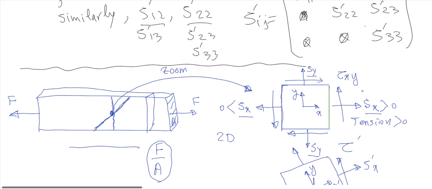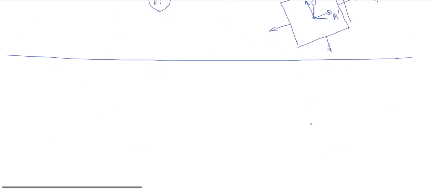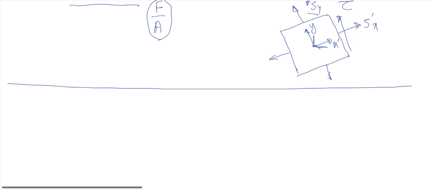So in this 2D, let's consider this stress state to be the initial state. Here is my initial coordinate system, x and y, and x prime, y prime is the coordinate system which is rotated.